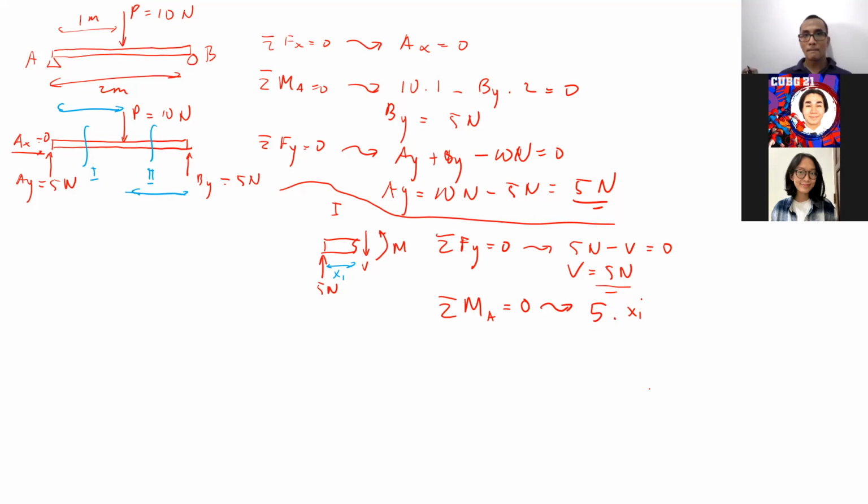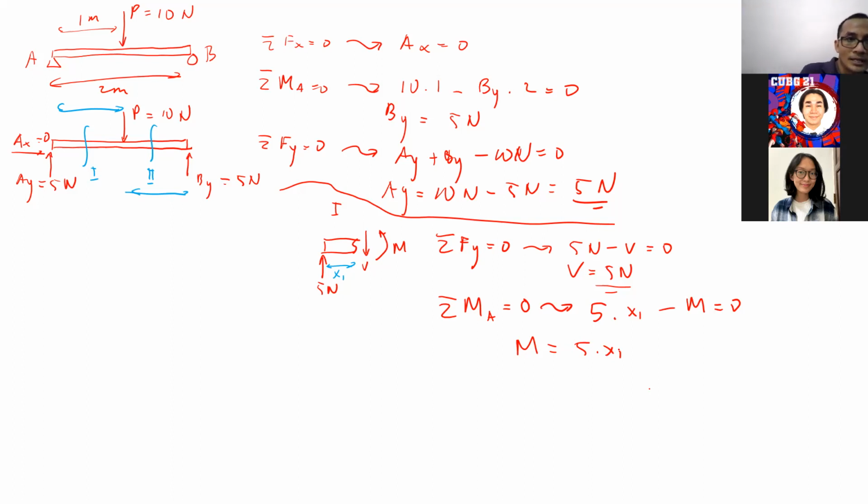What else? And minus the moment: minus M equals 0. So we now have an equation. M is equal to 5 times x1, 5x1.